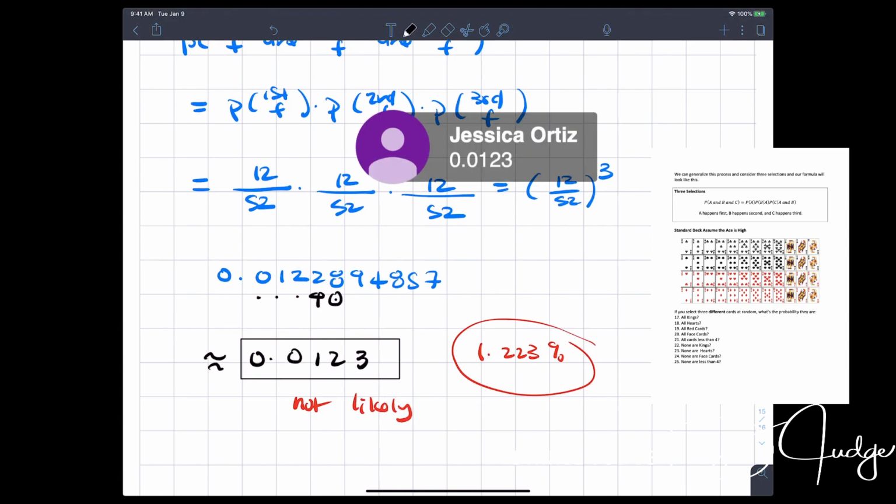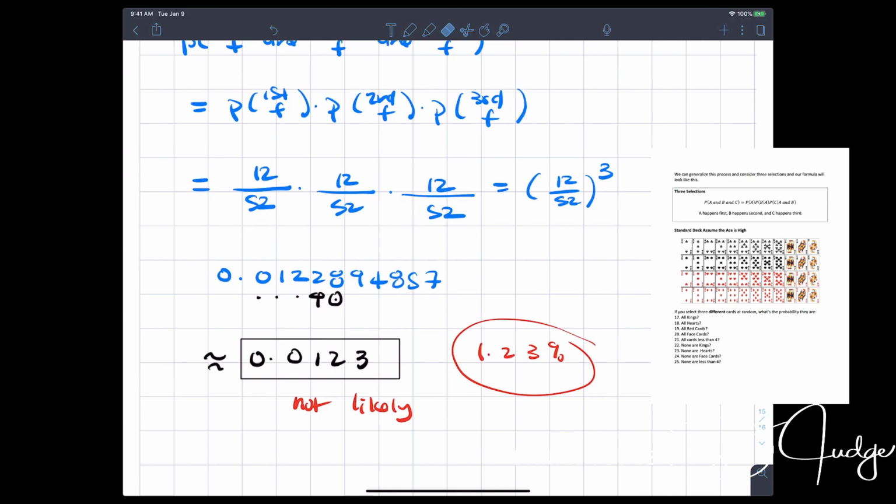Okay. We got Jessica Ortiz correcting us there. Good. 0.0123. That's kind of interesting. I don't know if you guys get it, but okay. Sorry, you guys.